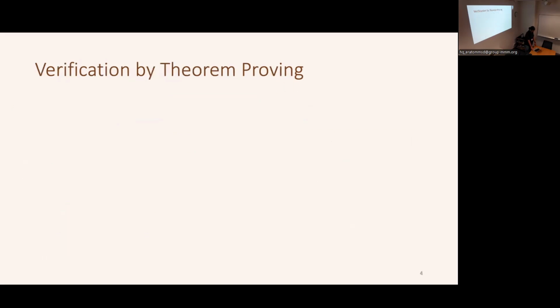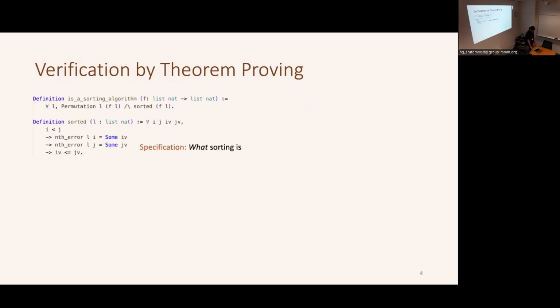And another aspect of this talk is about verification by theorem proving. So what do I mean by this? When I say verification by theorem proving, the first step here is to have some kind of specification in a formal language. So in this example, I'm talking about sorting, and what I would want to do is write down in some formal language, in this case, Coq, what I mean by sorting.